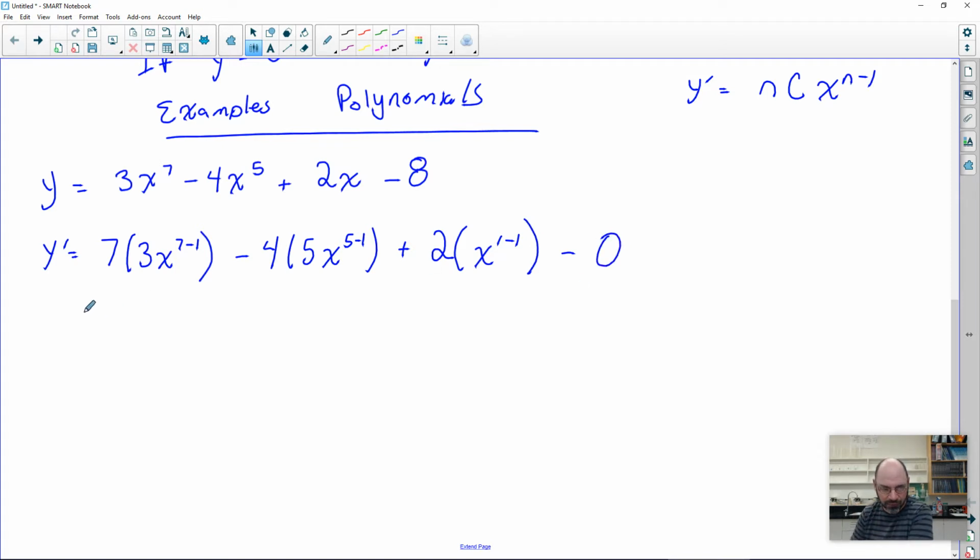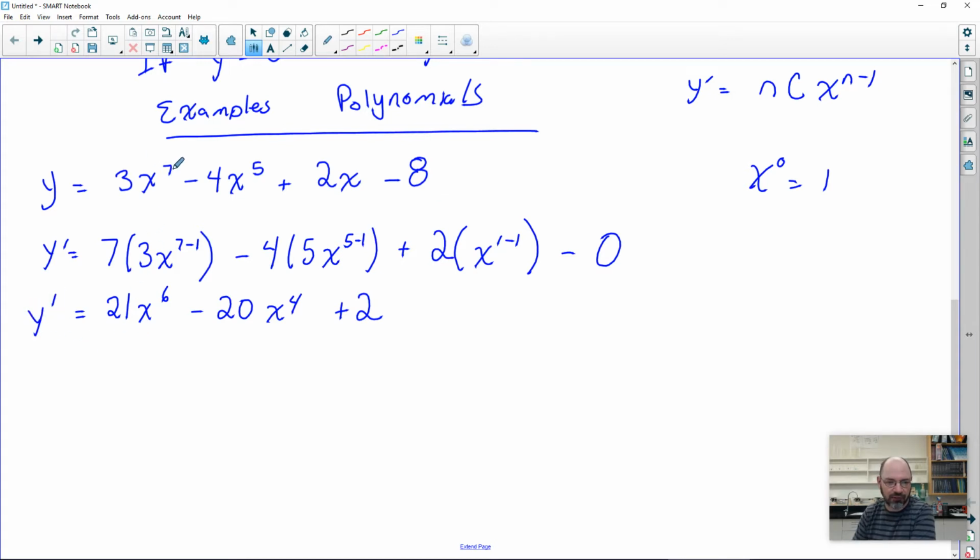So now if we do this, we get 21x to the 6th minus 20x to the 4th. Now you have to remember that anything to the power of 0 equals 1. So this is just 2 times 1, plus 2. And then this is minus 0. So there is our derivative.